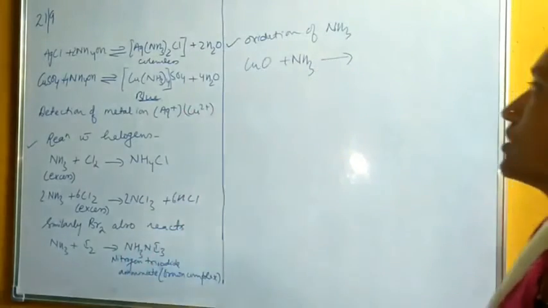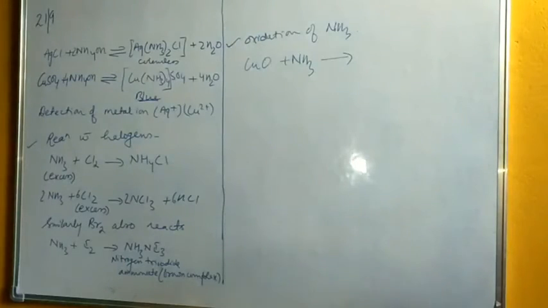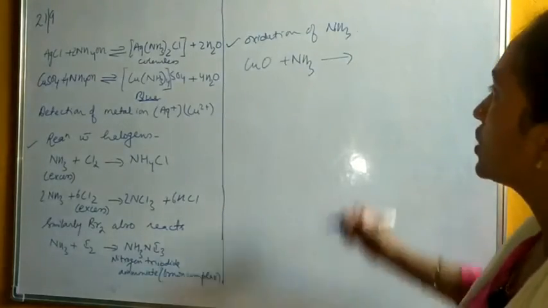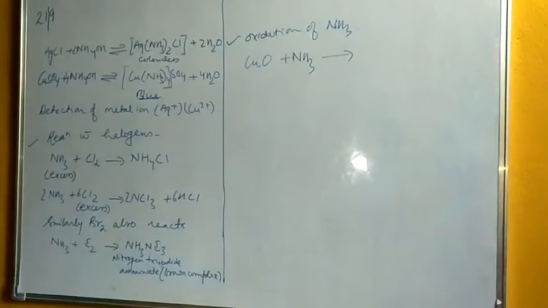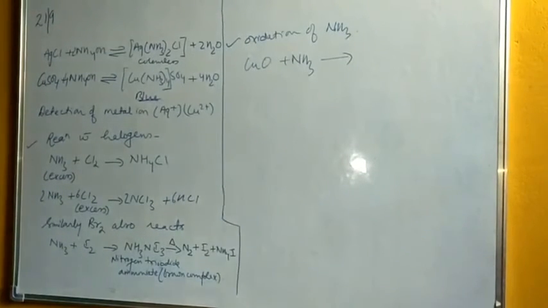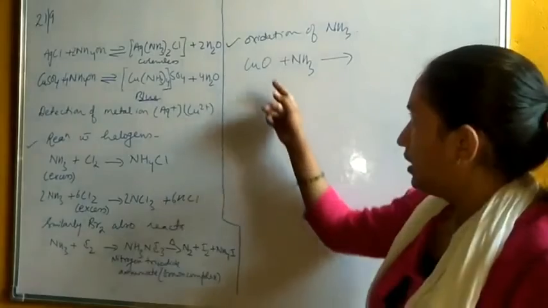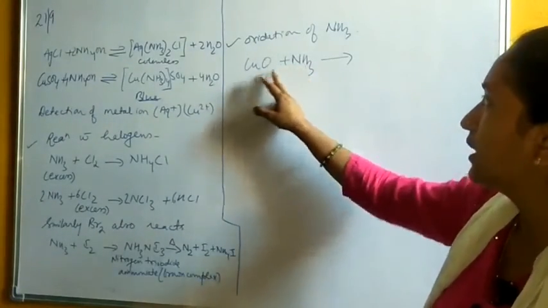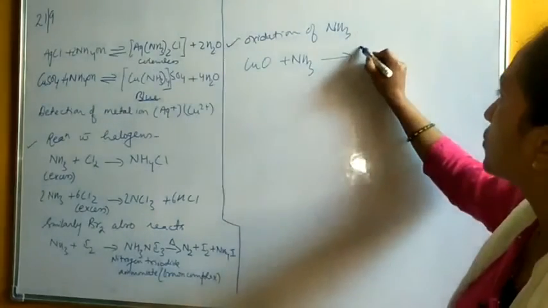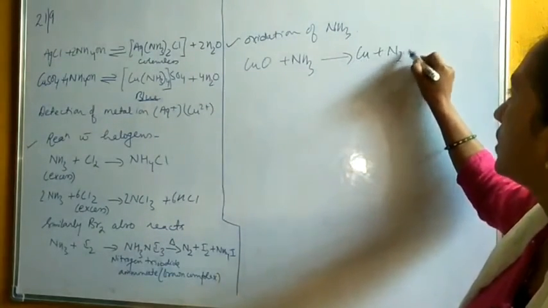If this reaction takes place, CuO plus NH3, this reaction is used for the preparation of the nitrogen gas. Now the oxidation of ammonia, the copper oxide plus ammonia gas, right? When they undergo the oxidation, the nitrogen gas will be formed.